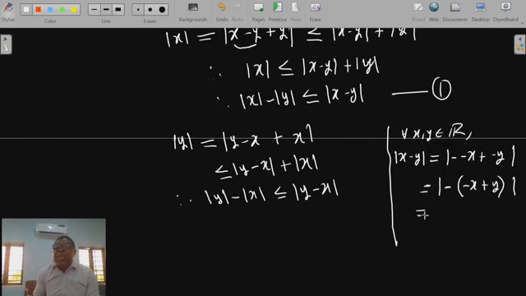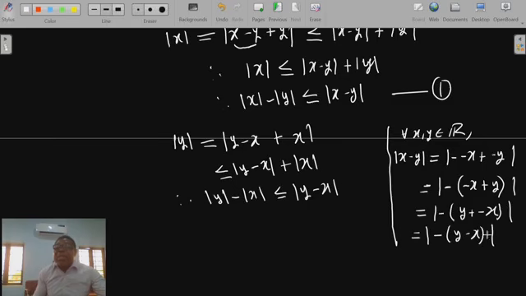And this will give me exactly the same thing as absolute value of minus into y plus minus x. But plus minus is minus, so this will be absolute value of minus y minus x.